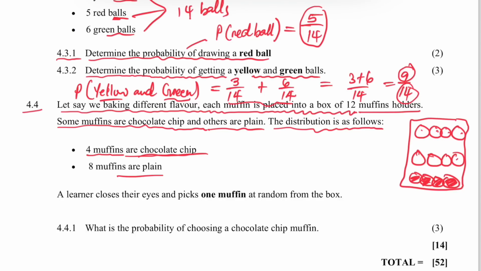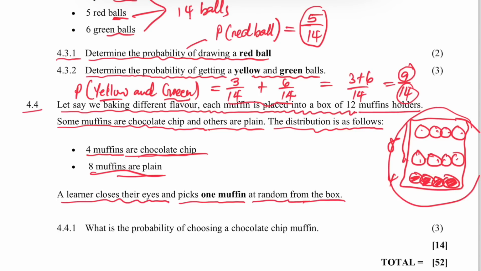These ones are plain muffins, right? These ones are plain. There are 8 of them. You see 8, and these ones are 4. Now it says Elena closes their eyes and picks 1 muffin at random from a box. Now these muffins are no longer here in this holder on this tray. They are put in the box.